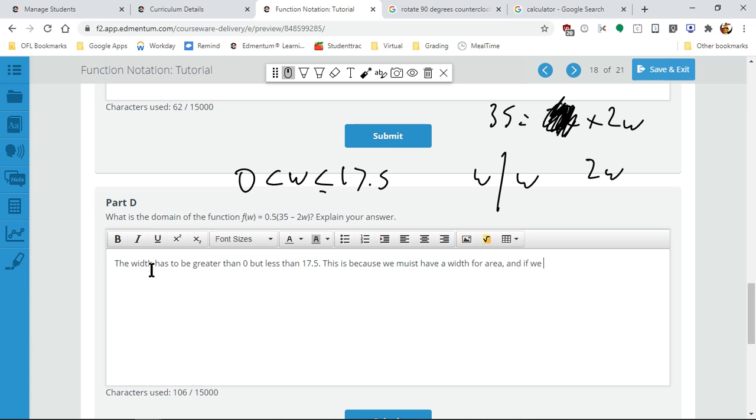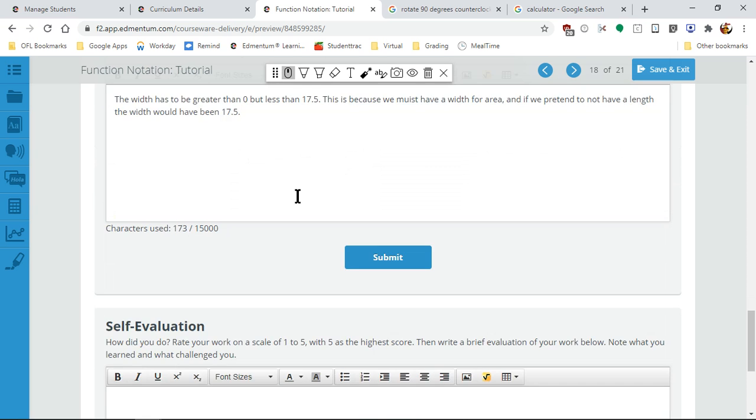And if we pretend to not have a length, the width would have been 17.5. So since we must have a length and we must have a width, if we pretend we don't have a length, our width would have to be 17.5. So we have to have a number smaller than 17.5. This is how we figure out our domain.